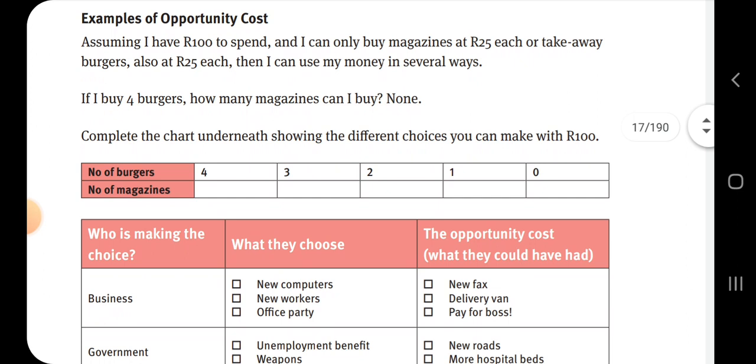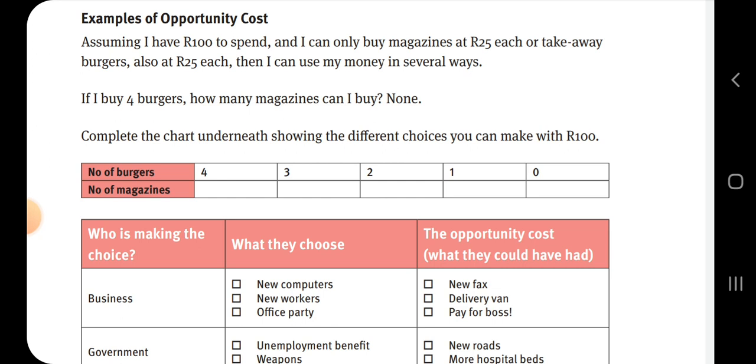Assume I have 100 rand to spend and I can only buy magazines at 25 rand each, or a takeaway burger also at 25 rand each. Then I can use my money in several ways. If I buy 4 burgers, how many magazines can I buy? None. Complete the chart underneath showing the different choices you can make with the 100 rand.